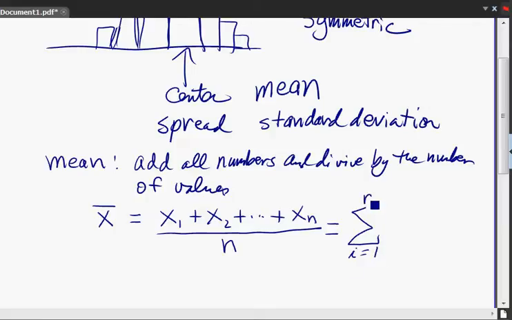Often in statistics, you're just not going to see those values on the top and the bottom. Of all those numbers, I'll use my indexer, I'll call that i. So that means to sum up x of 1, x of 2, x of 3, all the way up to x of n. And now I've got to divide by n. Okay.